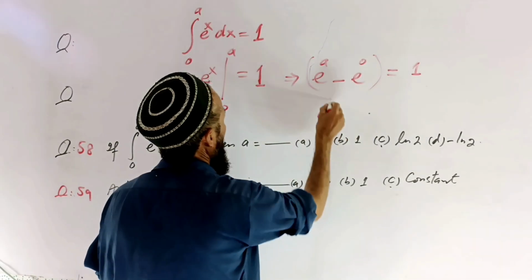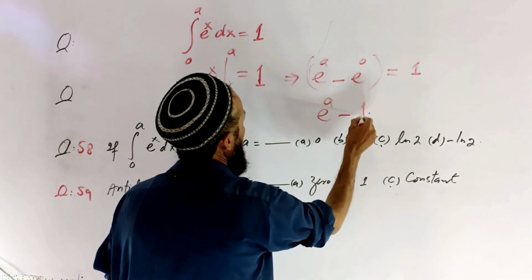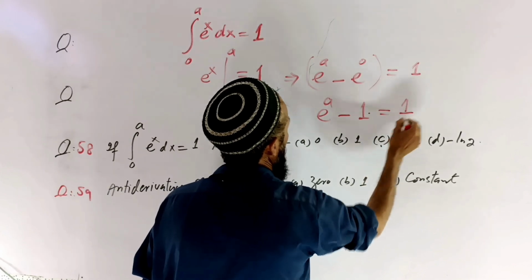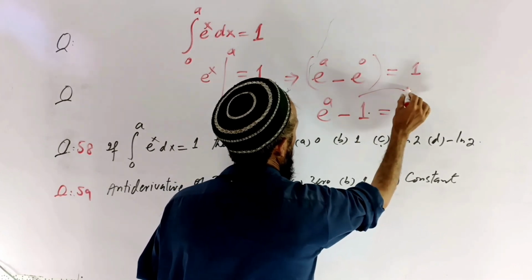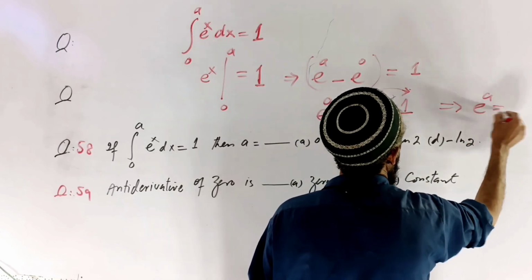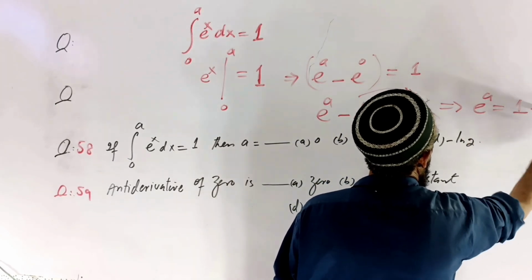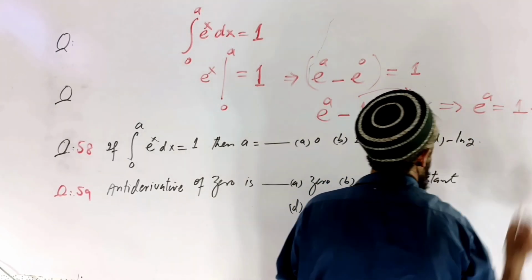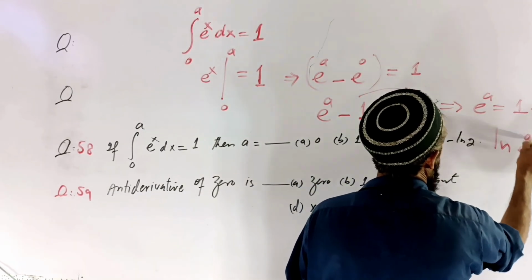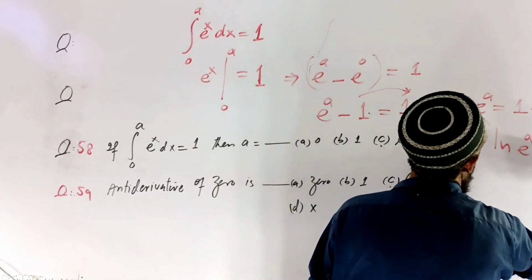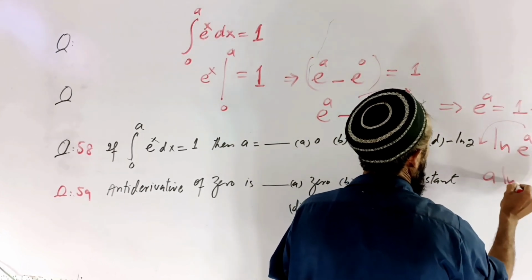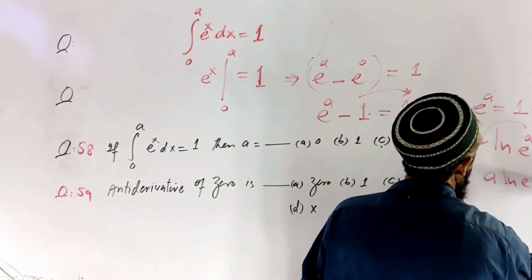So e power a minus 1 is equal to 1, since anything raised to the power 0 is equal to 1. Transferring the 1, we get e power a is equal to 1 plus 1, so we get 2. Now taking natural logarithm, we apply natural logarithm, so log of e power a is equal to log of 2.